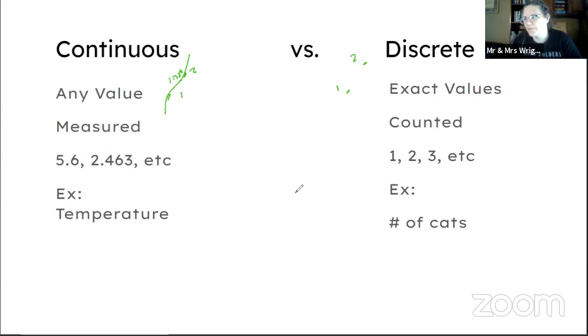I didn't buy 3.82. I bought 4. Okay, so measured, you see here, here's some examples with some of those decimals. Discrete here is going to be exact numbers. Continuous, think temperature. Discrete, think number of cats. Okay, so hopefully that is helpful to you.